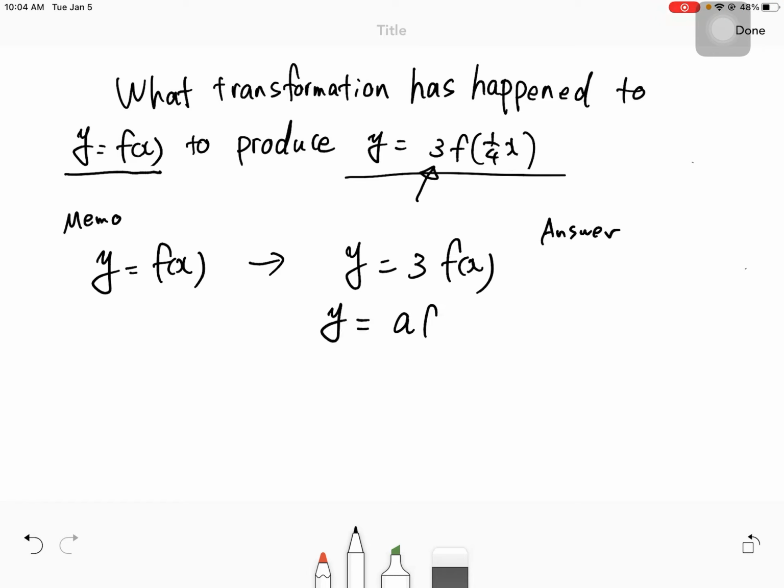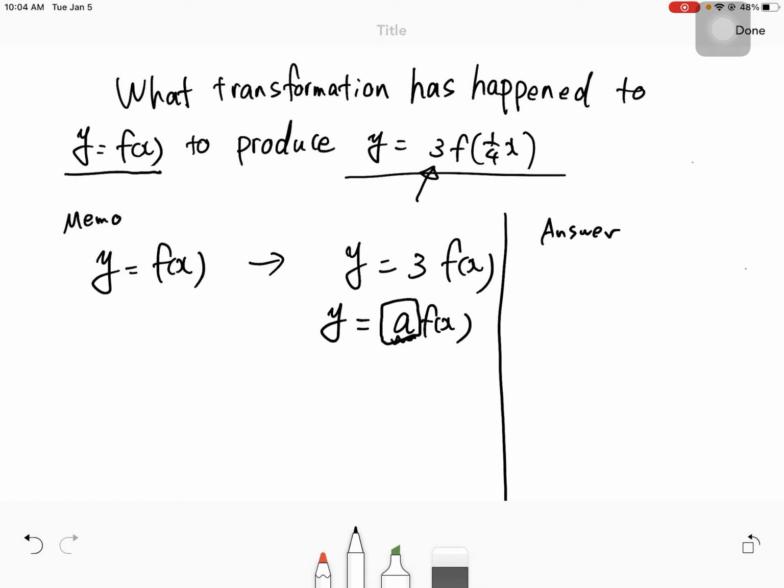Do you remember if there is a value in front of f of x? I mean, if some value multiplies f of x, this means vertical compression or expansion. If this value is bigger than 1, it's going to be a vertical expansion.